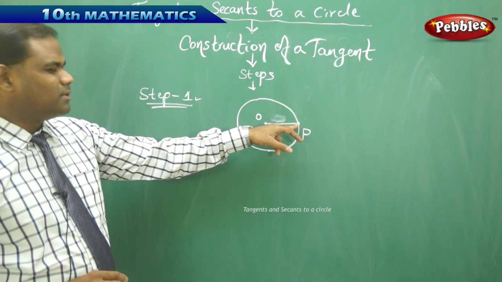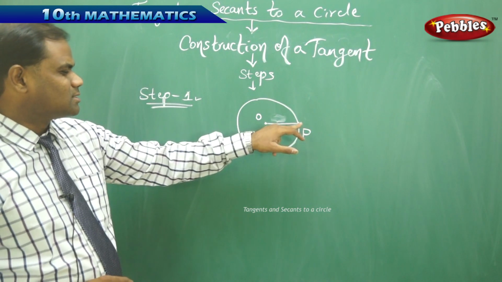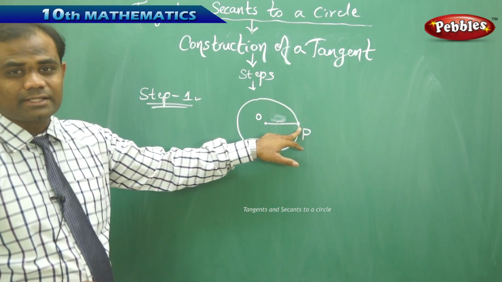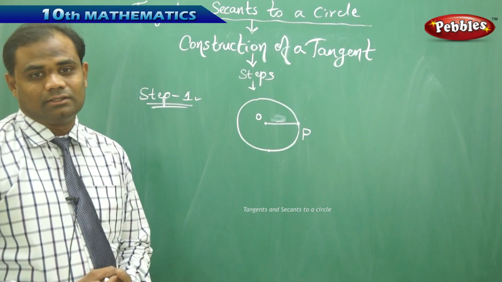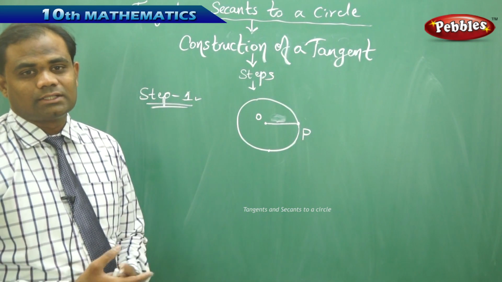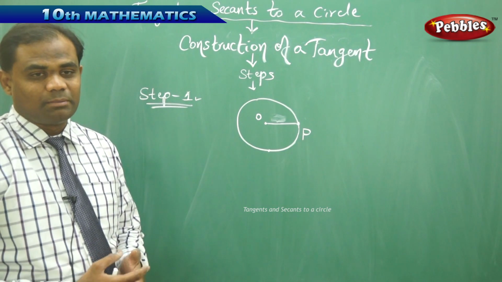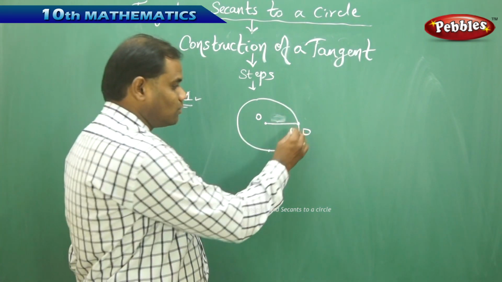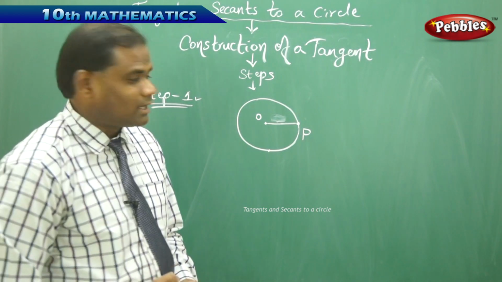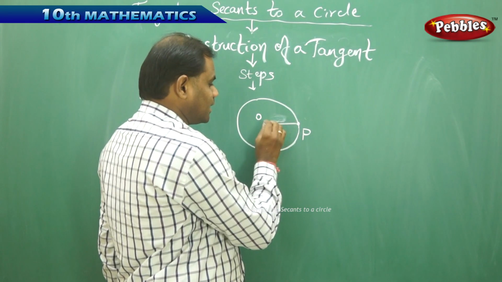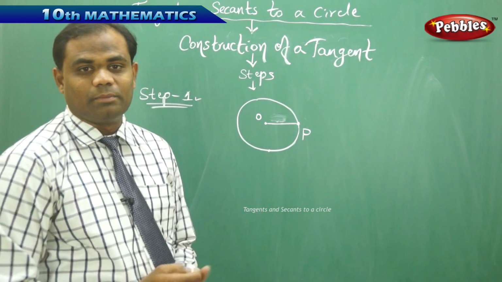Now for any point P on the circle, OP is the radius, and I assume this as the point of contact, then I want to draw a tangent to that circle. Now we all know that since the radius is perpendicular to tangent, so if I wanted to draw a tangent at the point of contact P, then I need to have exactly 90 degrees drawn from OP.